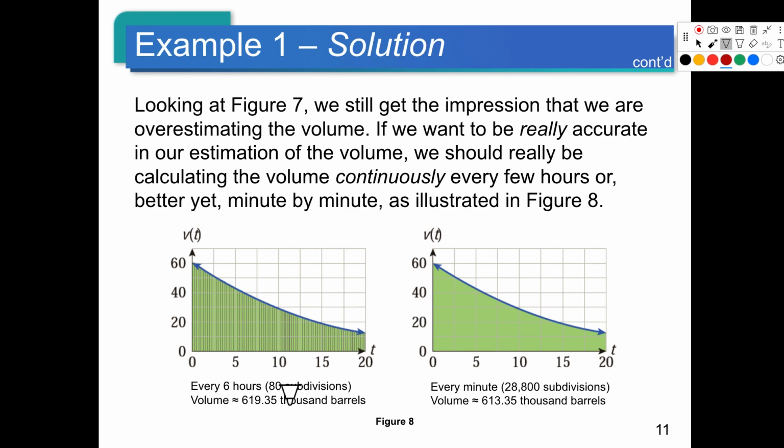They did 80 subdivisions. Again, that's when we go to the calculator or a computer or something. We get down to 619. And then if we do it exactly, which we will learn how to do on Tuesday, the exact value is actually 613. But you see, we got to a really good estimate by doing this Riemann sum thing.